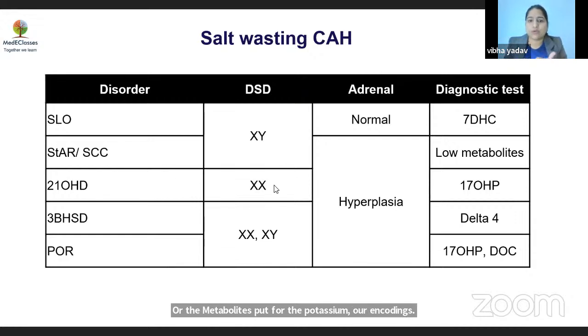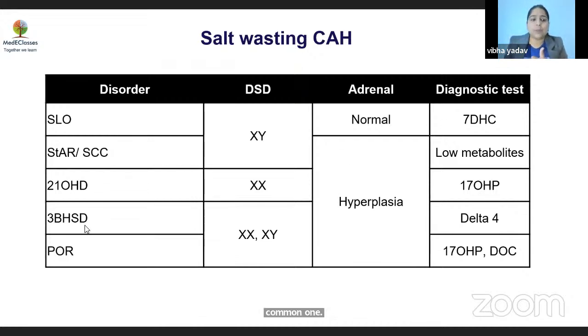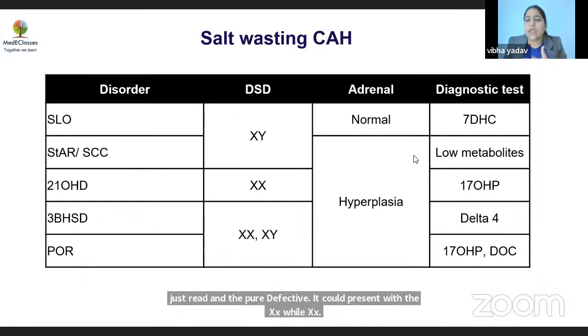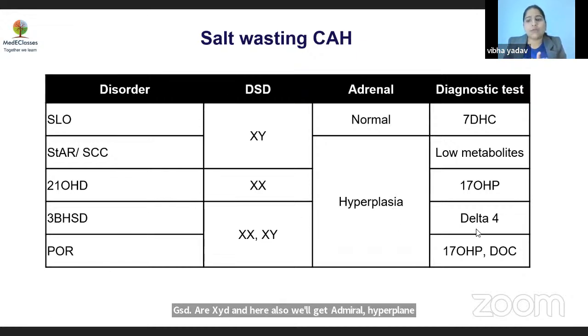XX DSD is the most common one, everybody knows. Here the 17-OHP levels will be high. In the 3-beta HSD and the POR defect, it could present with both XX DSD and XY DSD, and here also we get adrenal hyperplasia. In POR, we get a borderline elevated 17-OHP.